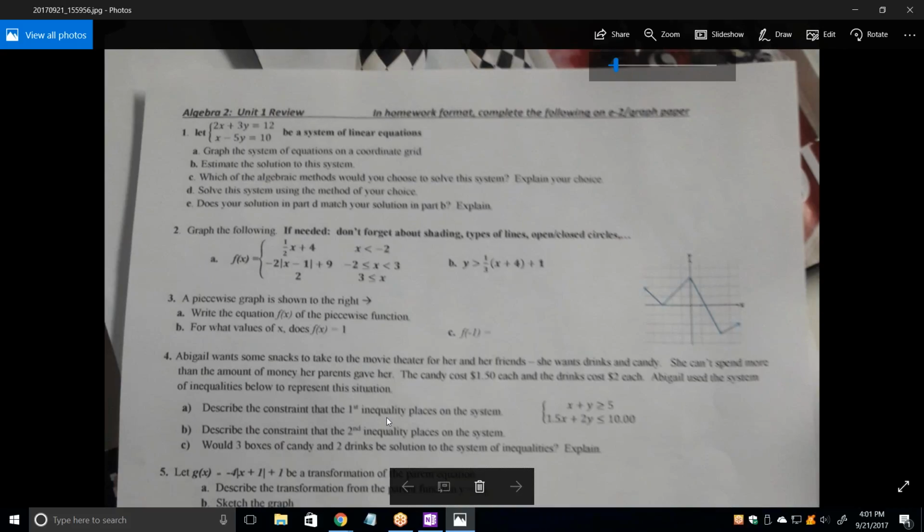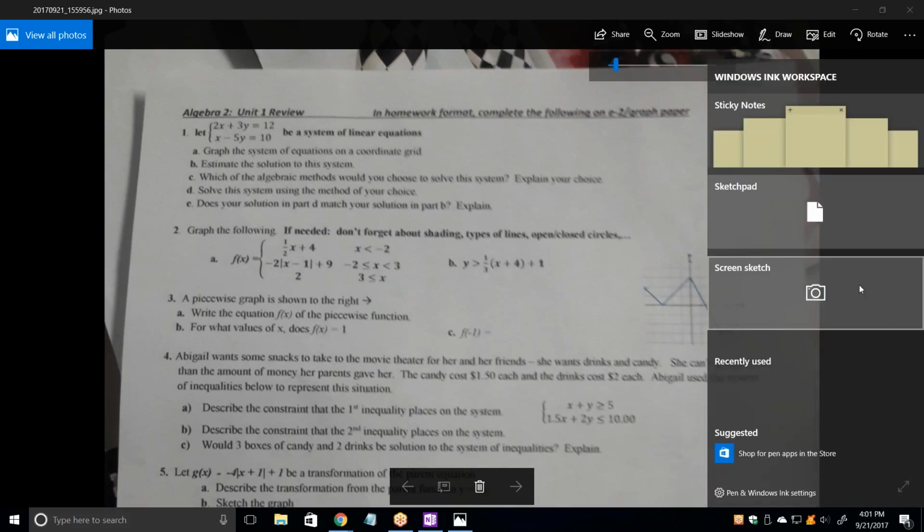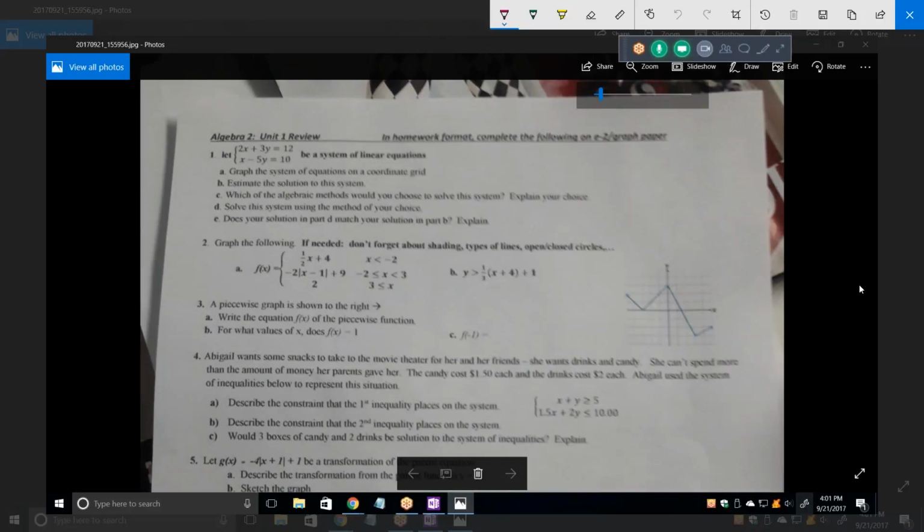How would we graph that? Let's do it step by step here. How would you graph that system?